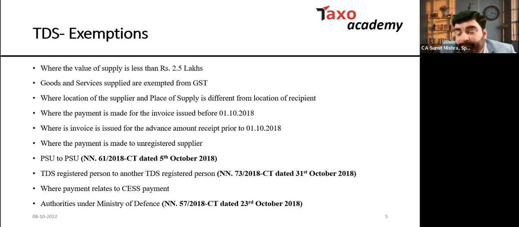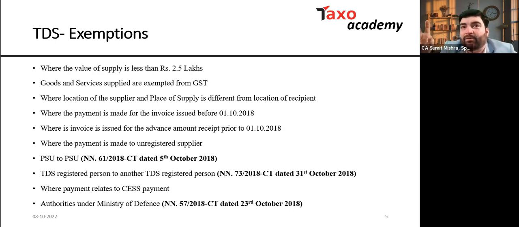PSUs to PSU. Earlier, initially there was no such exemption available to PSUs to PSU. Later on, on 5th of October, by virtue of notification 31/2018, they exempted the transaction between the PSUs because both are deducting TDS.